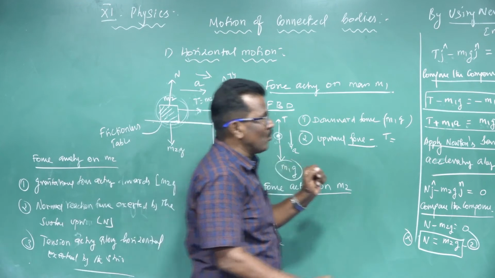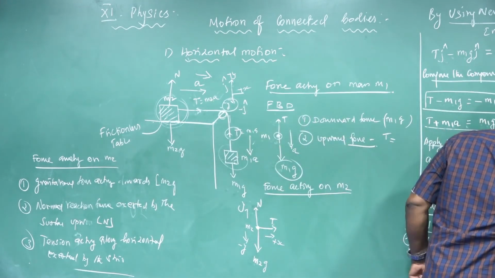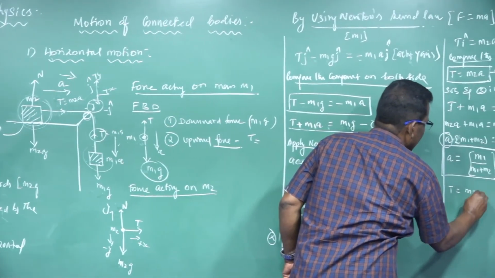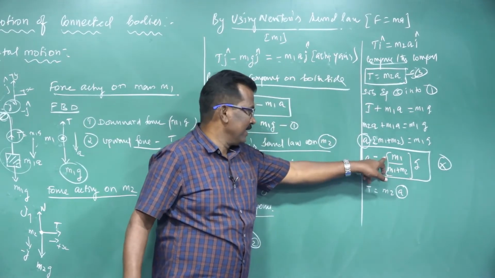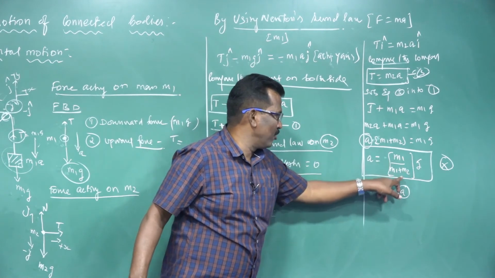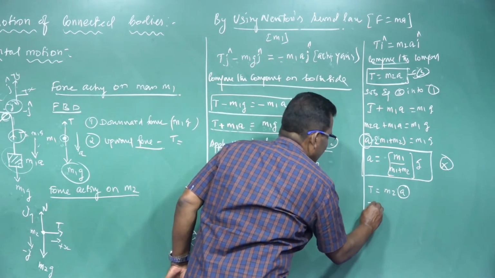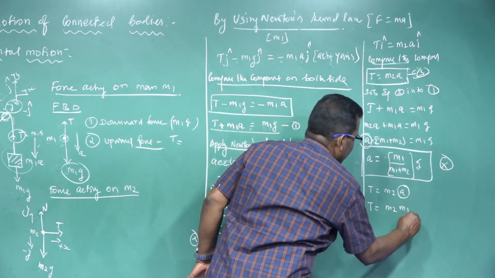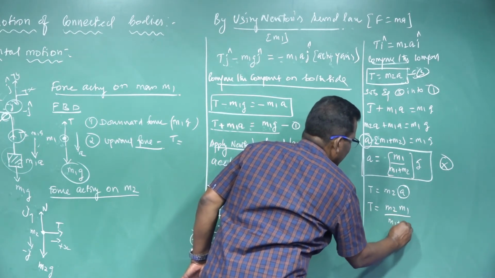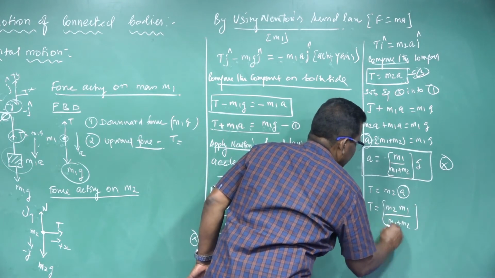So tension T is equal to m2a. Already we calculated acceleration a is equal to m1g divided by m1 plus m2. So T is equal to m2 m1 divided by m1 plus m2 into g.